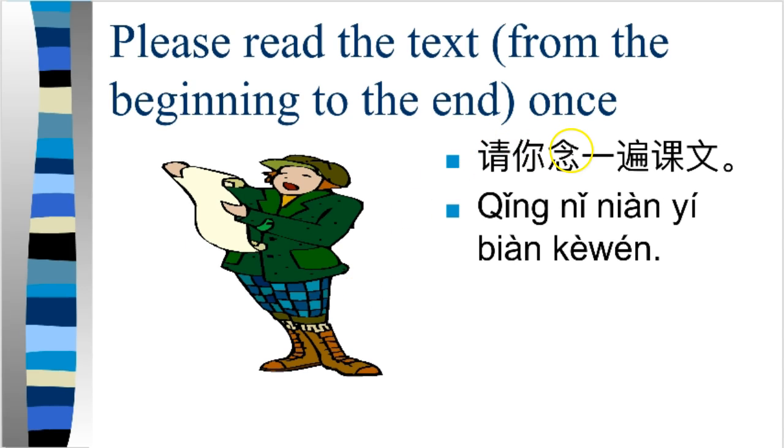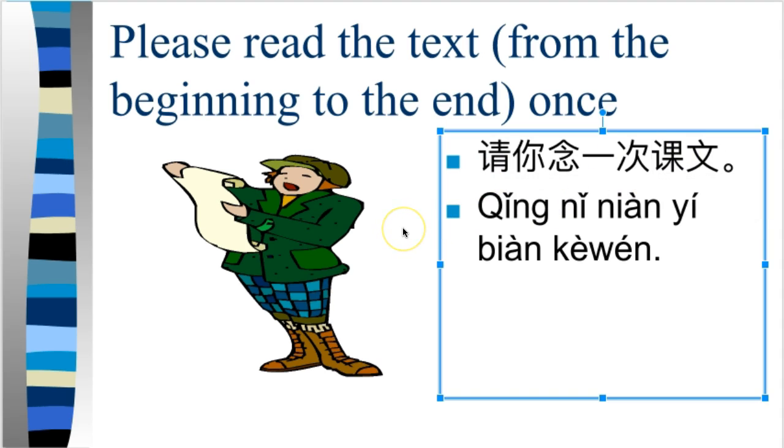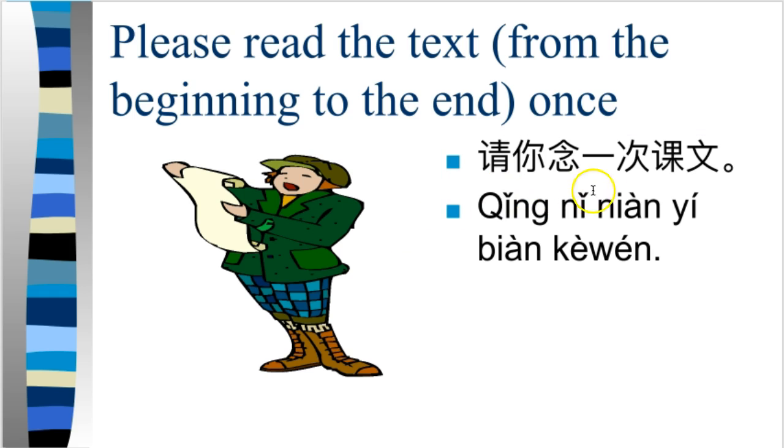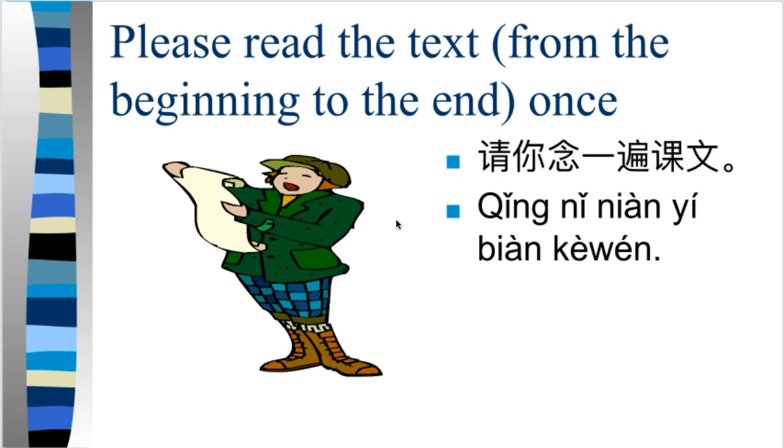请你念一遍课文. I could replace 变 with 次 here. However, it would change the meaning. If I say 请念一次课文, I'm not necessarily expecting you to read the entire lesson. But if I say 请你念一遍课文, I'm expecting you to complete that entire action from the beginning to the end.